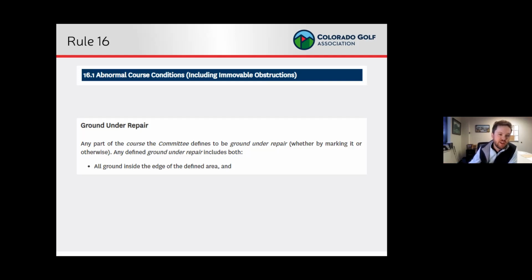It also goes on to say, any defined ground under repair includes all the ground inside the edge of the defined area. So if there's a white line on the ground or a white circle around a tire rut, all of that is inside the GUR, ground under repair.